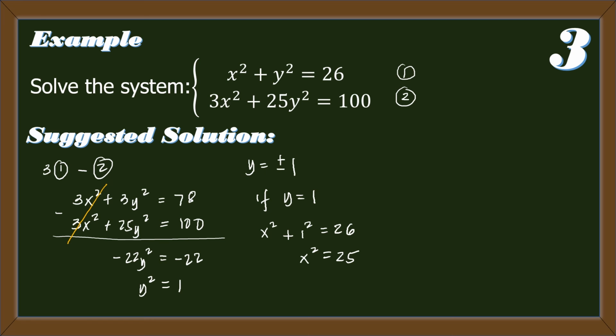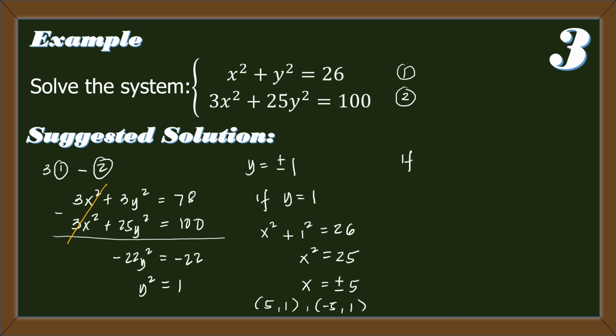Getting the square root of both sides, we have x is equal to positive or negative 5. Then we have two solutions already. That is the ordered pairs 5, 1 and negative 5, 1.